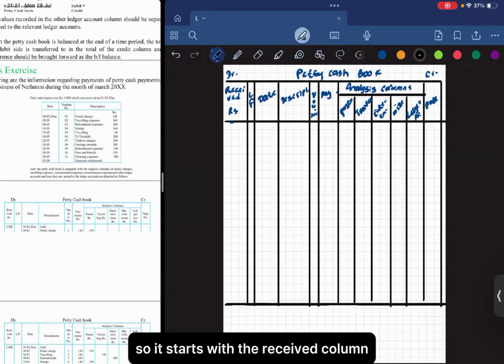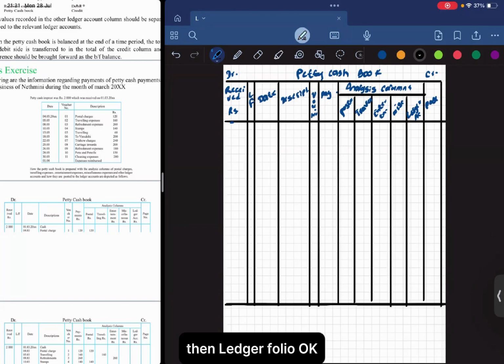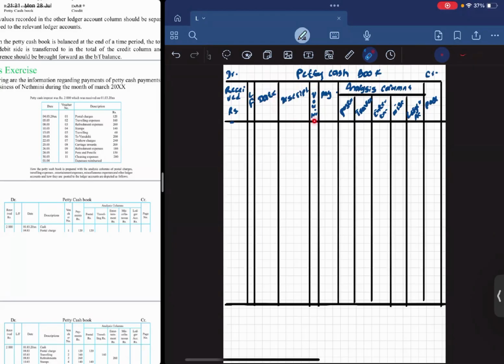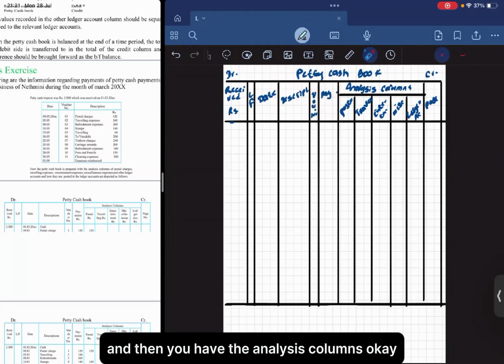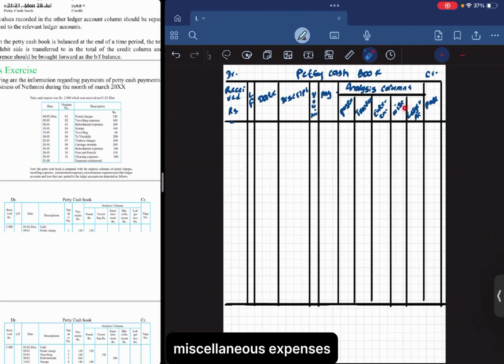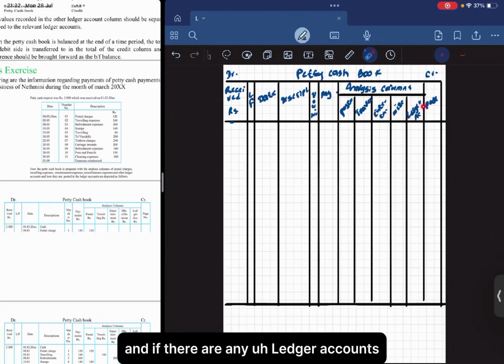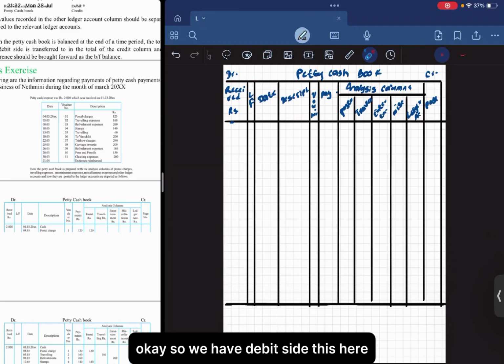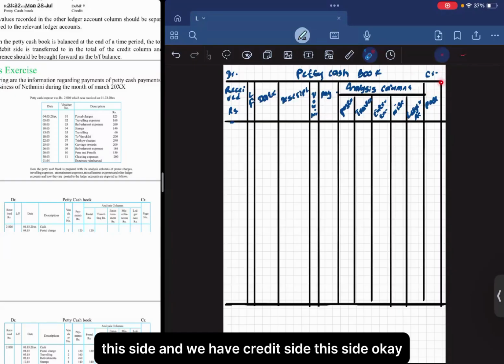It starts with the received column, then ledger folio, date and description, respective voucher number, the payment amounts, and then you have the analysis columns: postal expenses, traveling expenses, entertaining expenses, miscellaneous expenses, any ledger accounts, and finally the page number.